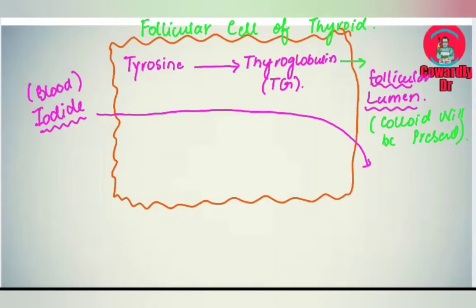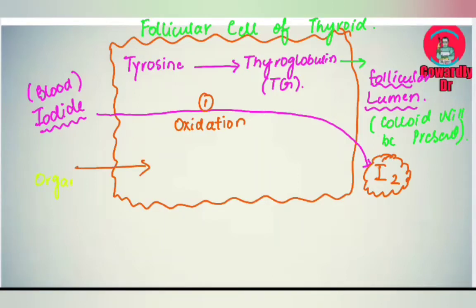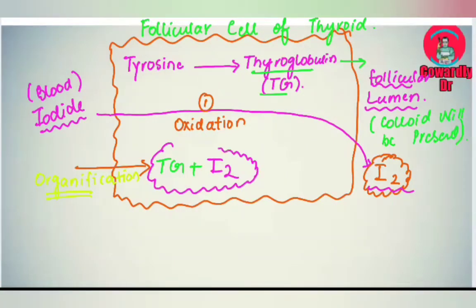And this iodide will undergo oxidation, and it is converted to I2. Secondly, we have organification. What will happen in organification? In organification, the thyroglobulin is added with the I2, and it results in thyroglobulin with monoiodotyrosine as well as diiodotyrosine.